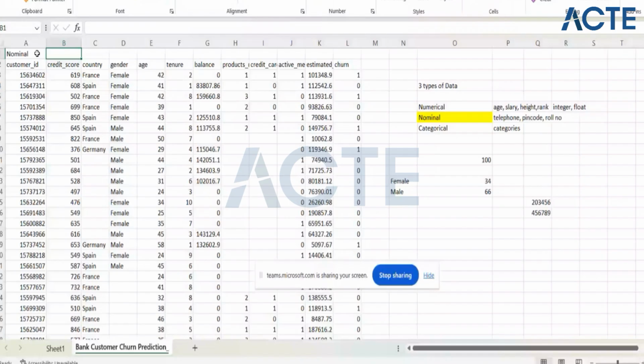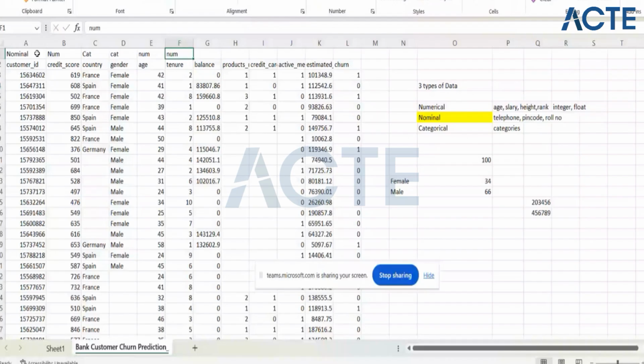Because you can add and subtract. Next, tenure. Tenure means duration. It means how much time has passed since you took the loan, in years. It is numerical. Balance. So what is the loan balance?